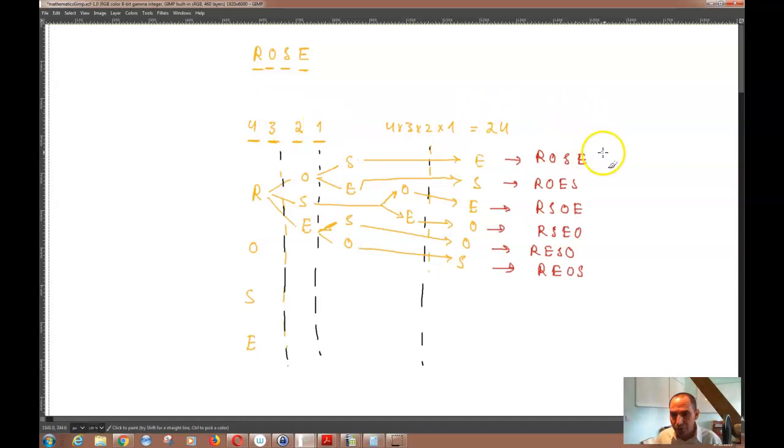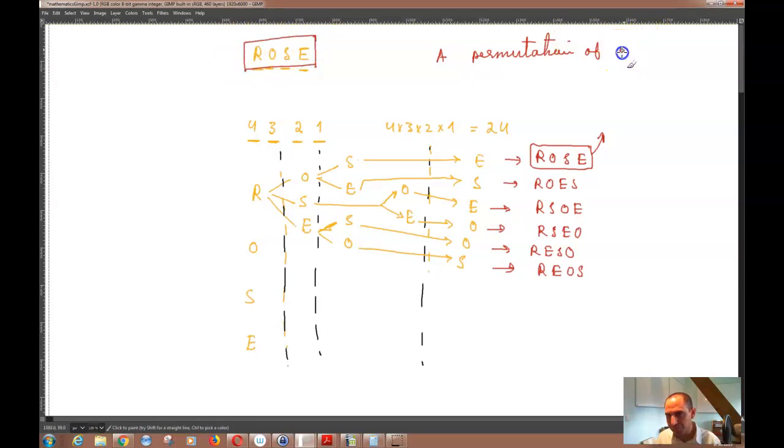And so each of such arrangements is called a permutation of 4 different letters taken all at a time.